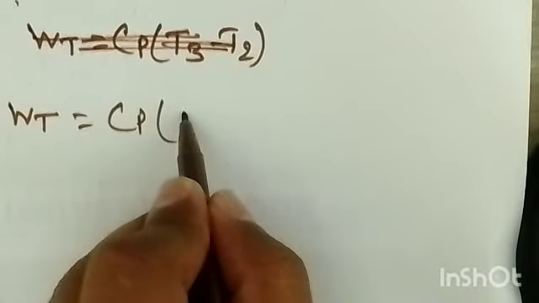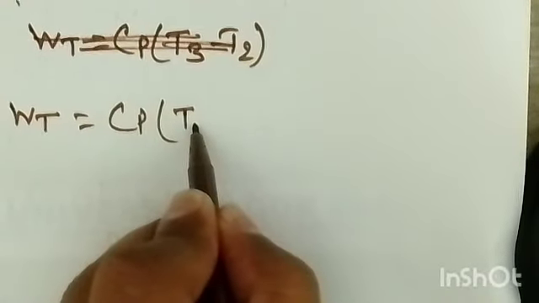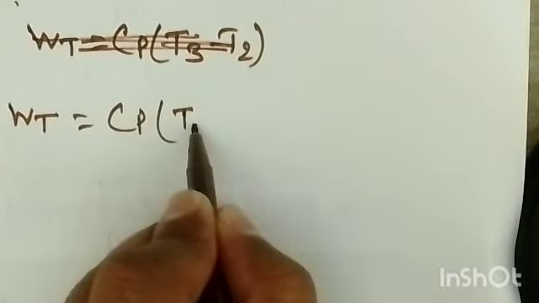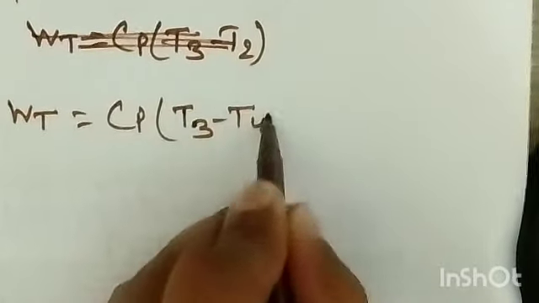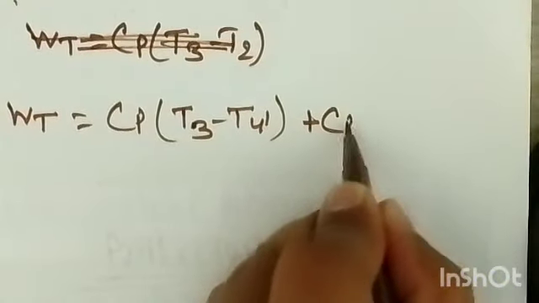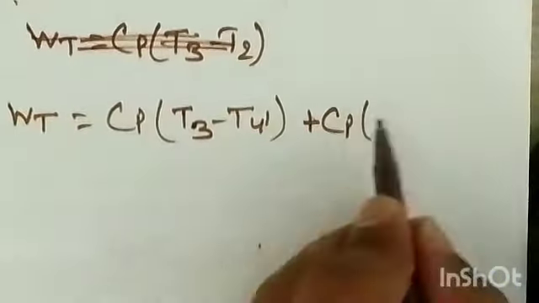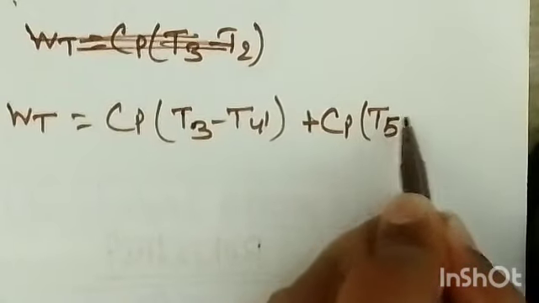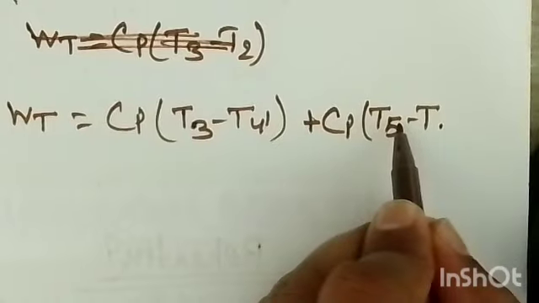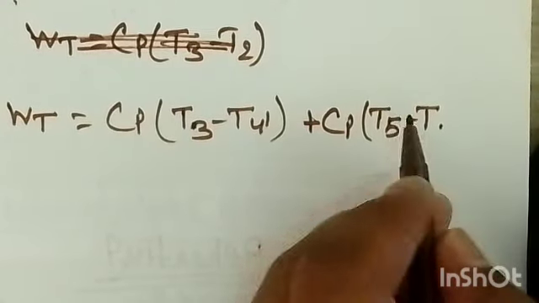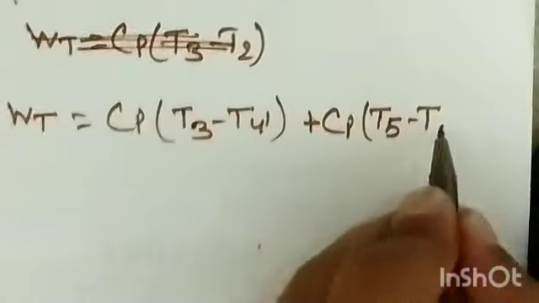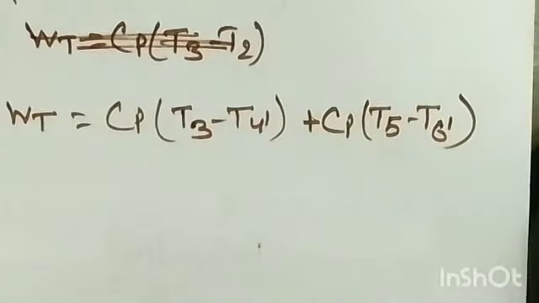So the high pressure turbine is Cp (T3 minus T4 dash), plus Cp (T5 minus T6 dash), right?